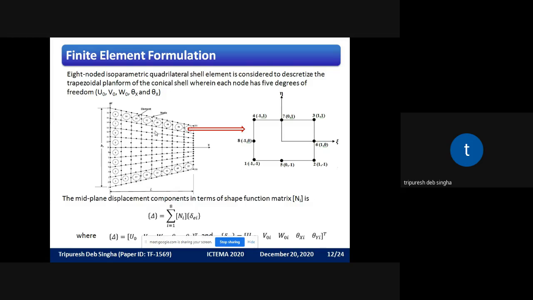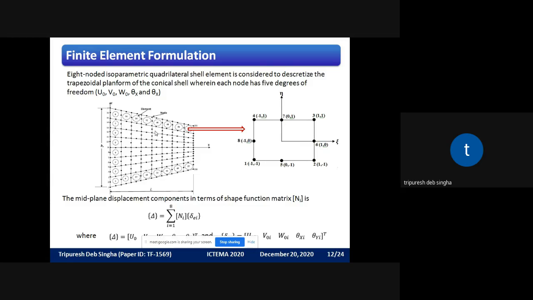Out of the 5 degrees of freedom, U0, V0, W0 are the linear displacements, and theta x and theta y are the rotational degrees of freedom.